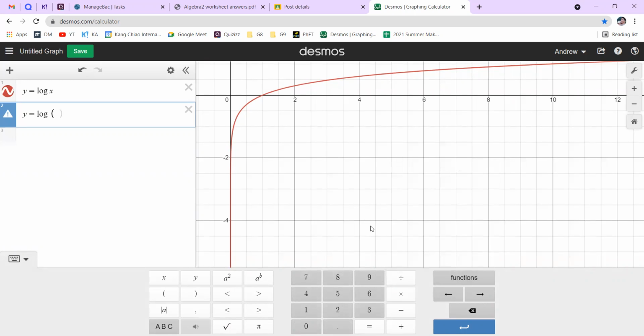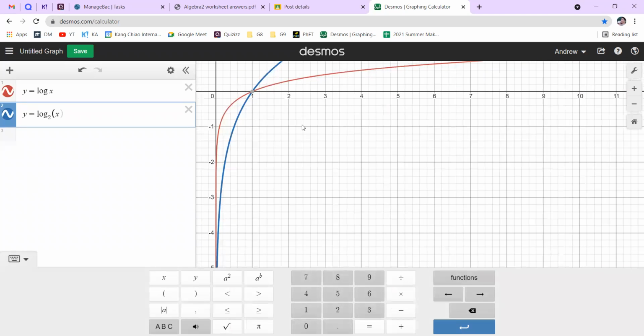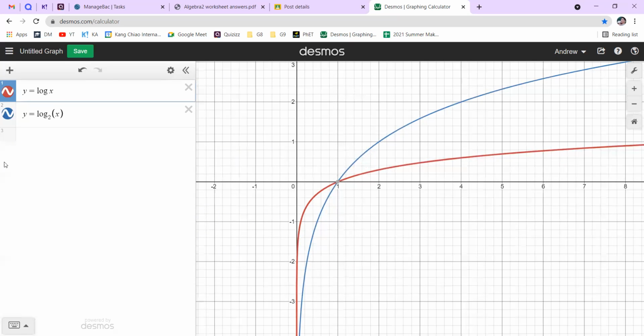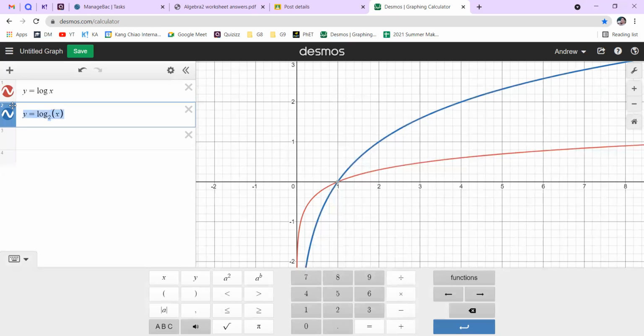The red graph is base 10, and the blue graph we use 2 for base, but they both go through the point (1, 0). How about we use another one, base 3?